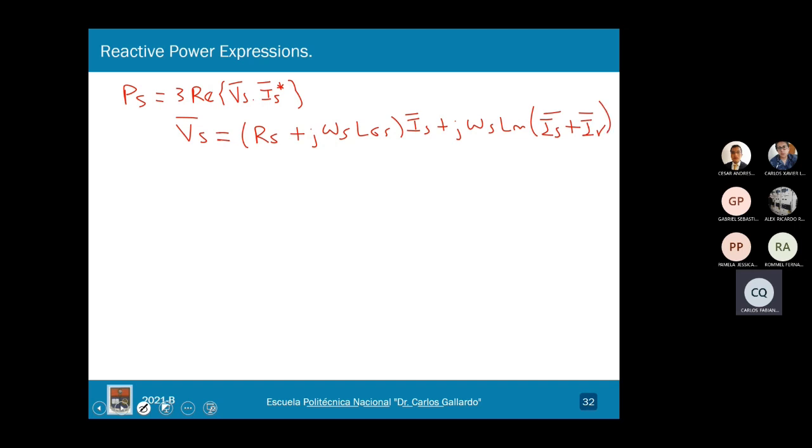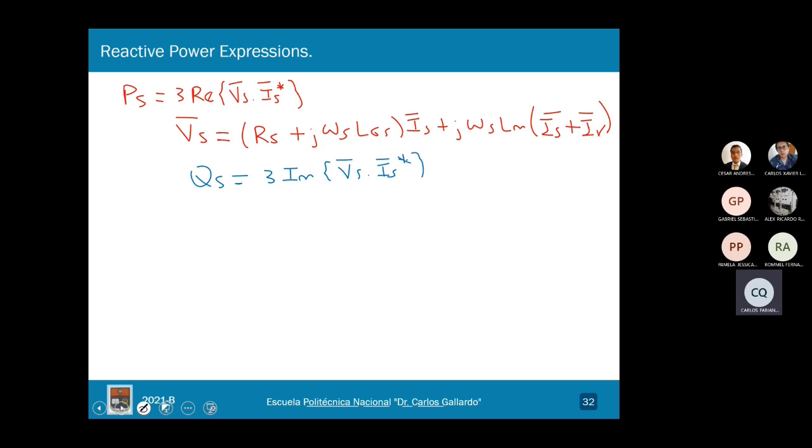But now I want to compute the stator reactive power. Instead of the real part, I will take the imaginary part. So the stator reactive power is equal to 3 times the imaginary part of the stator voltage times the conjugate of the stator current, because that is the way to compute the stator reactive power.